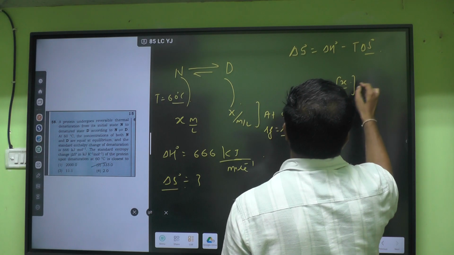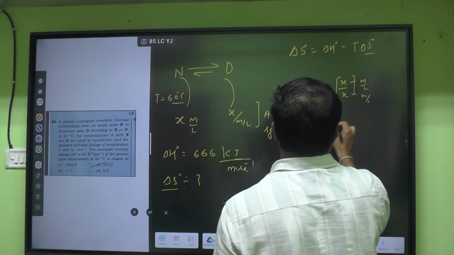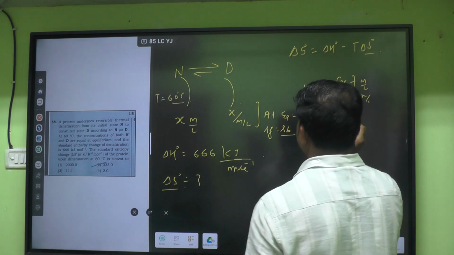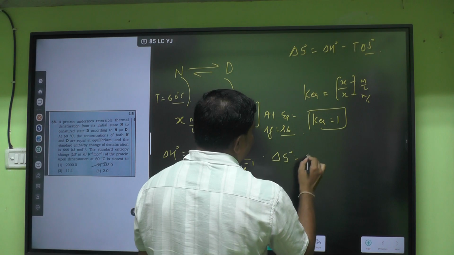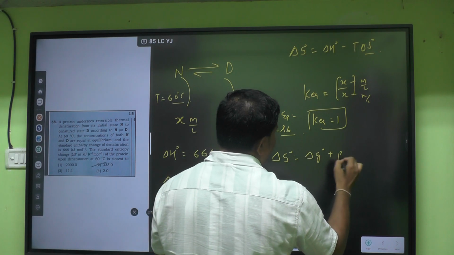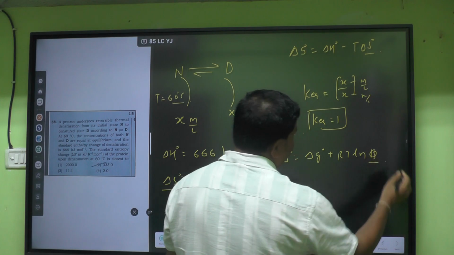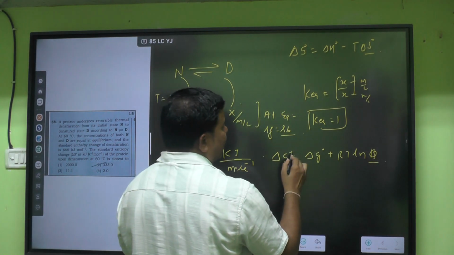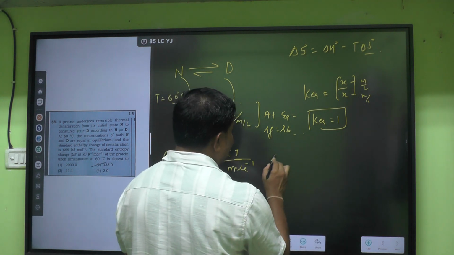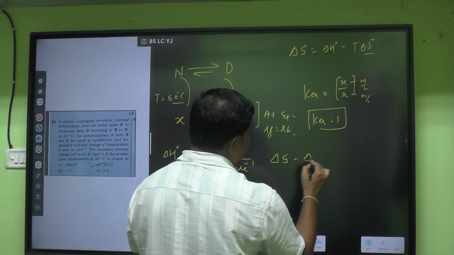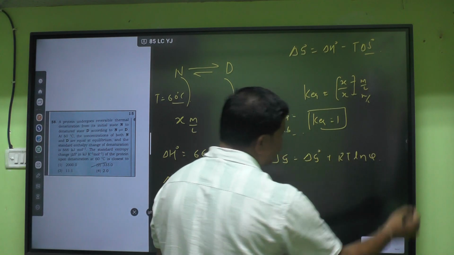Both are equal, x mole per liter, that's why the equilibrium constant K becomes 1. Remember the formula: del G is equal to del G naught plus RT ln Q, where Q is the reaction quotient.